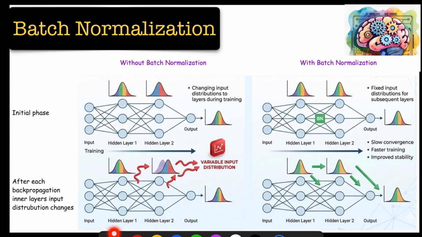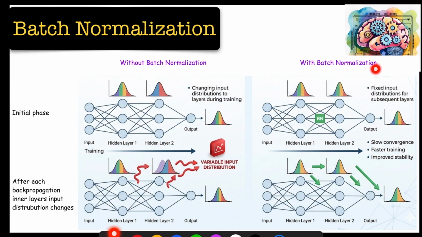I am showing one example to make the idea very clear. Without batch normalization, let's say initially this layer's input distribution was like this and this layer's input distribution was like this. After each backpropagation, the inner layers' input distributions will change. This layer's output will change, so this layer's input distribution will also be changing.